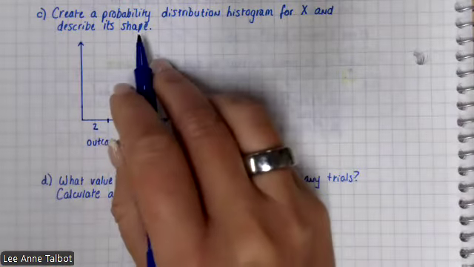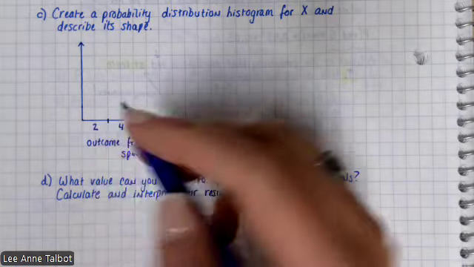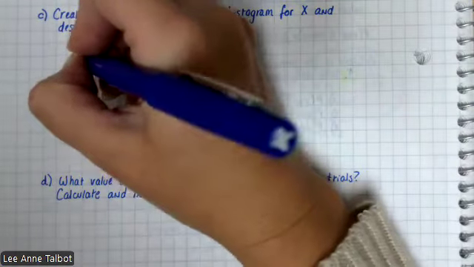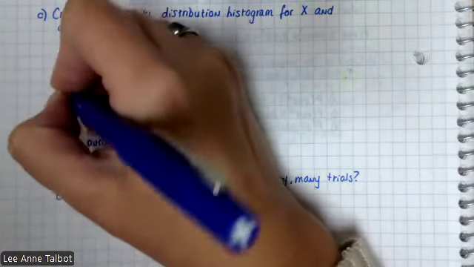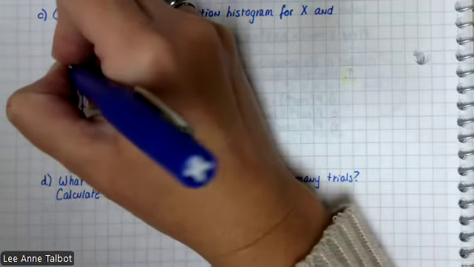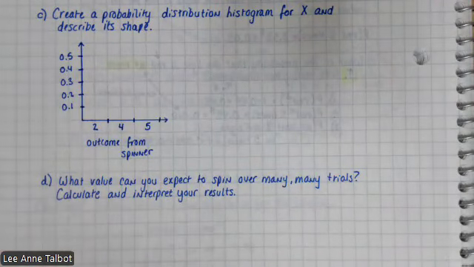Okay, and then it says probability distribution, which means that the numbers on the side need to be probabilities on the y-axis. And I'm saying that because I want to remind you that probabilities need to be between 0 and 1.